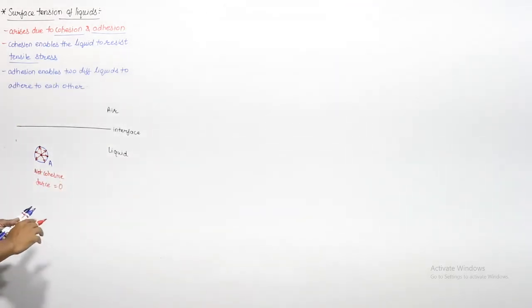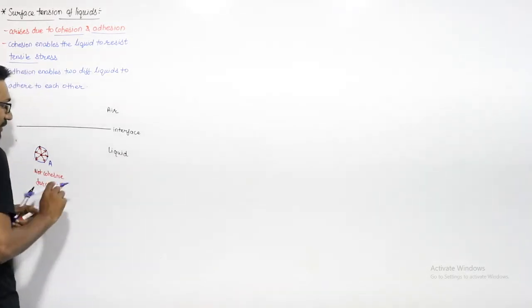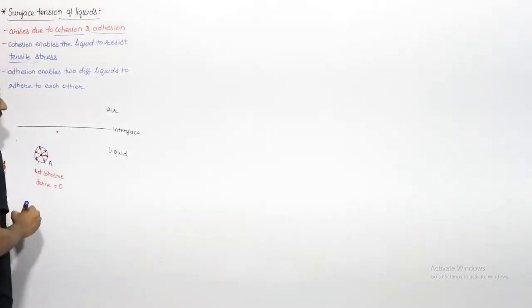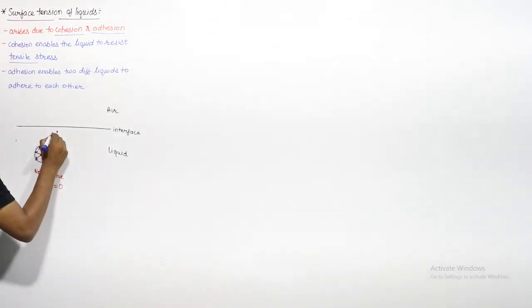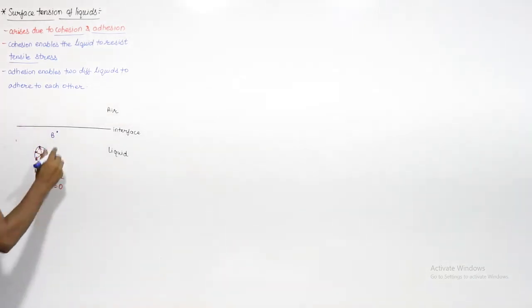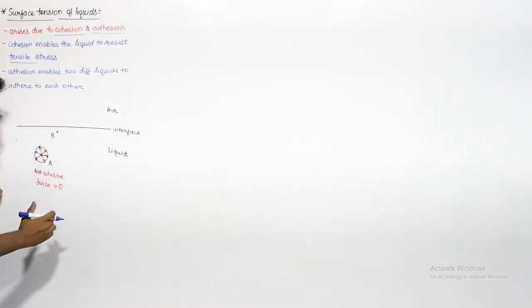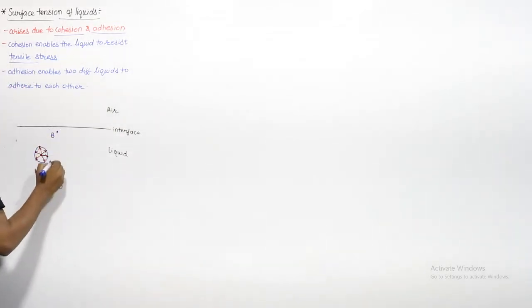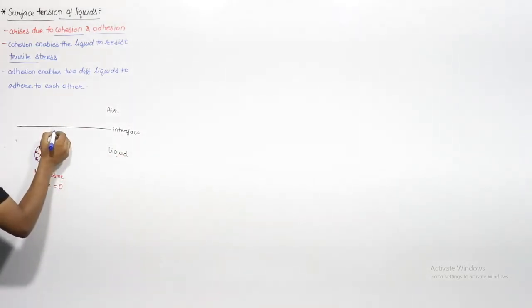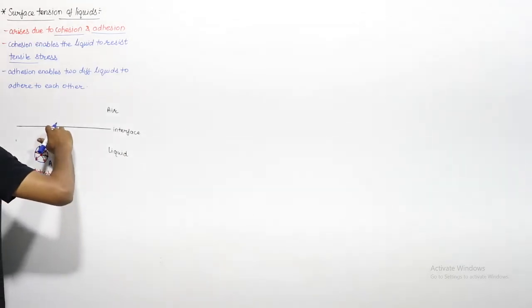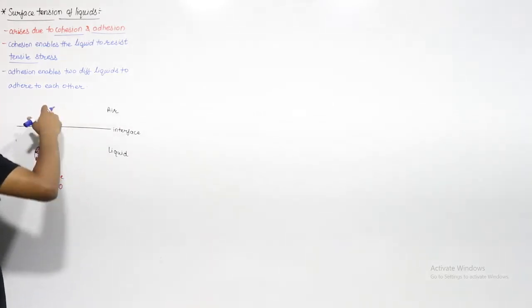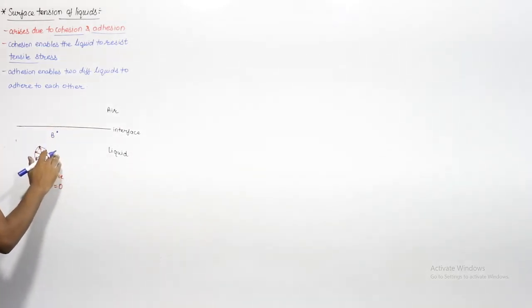Right. Now let us take one more particle, this particle here. Let us say this is the particle B. This particle B is near the interface, not at the interface. It is surrounded by the same liquid particles, but this particle B has fewer liquid particles above and more particles below, right?